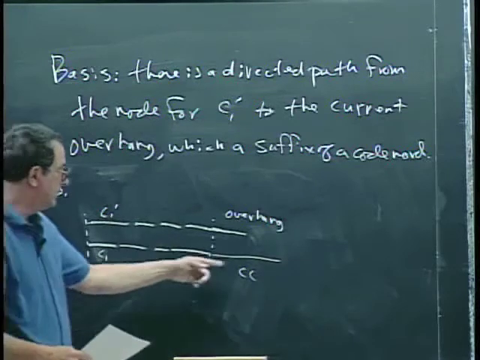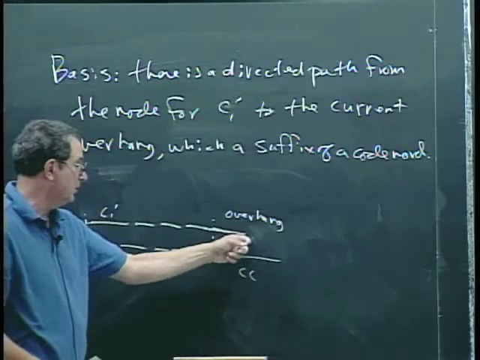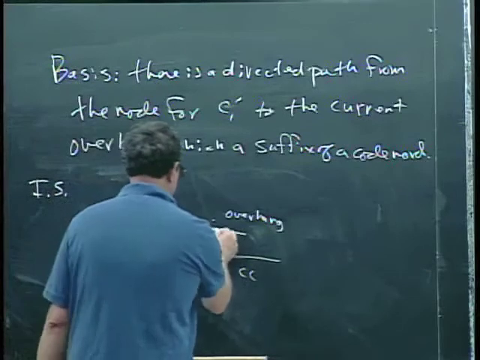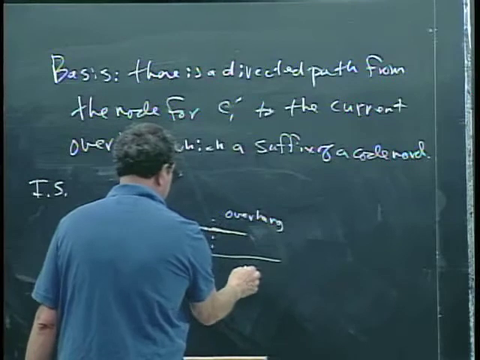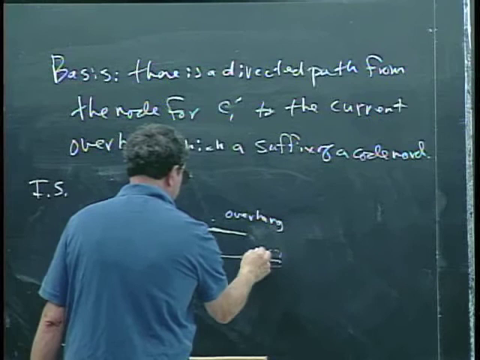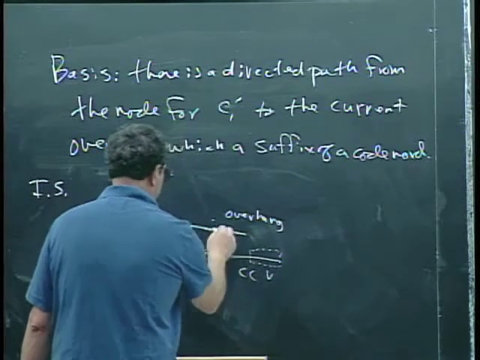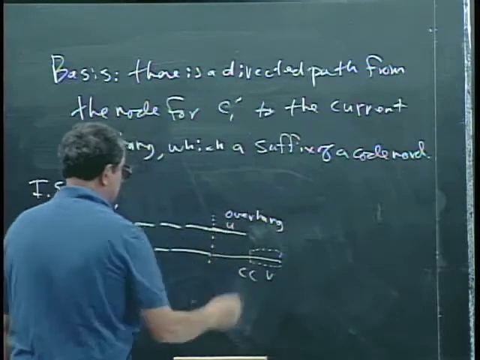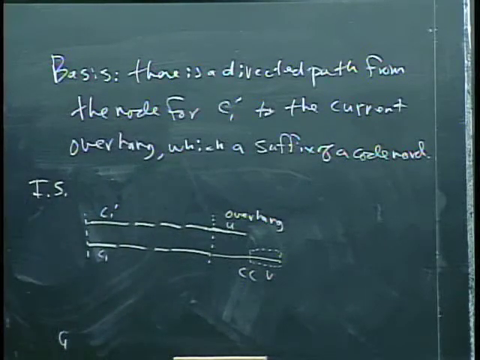And in fact, it extends beyond the longer parse. So in that case, this new code word, CC, and the overhang, let's label the overhang as U. Okay, now I know before I said that was V, but that was just at the very beginning there.